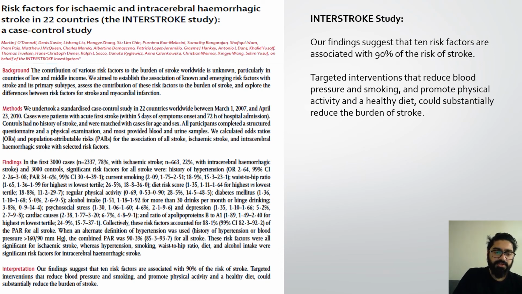These risk factors were all significant for ischemic stroke, whereas hypertension, smoking, waist to hip ratio, diet, and alcohol intake were significant risk factors for intracerebral hemorrhagic stroke.